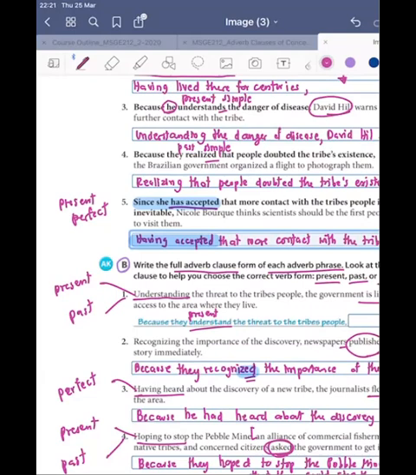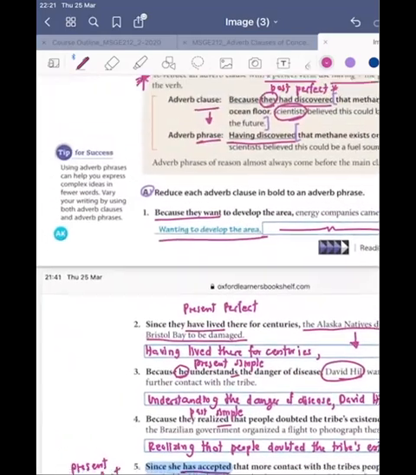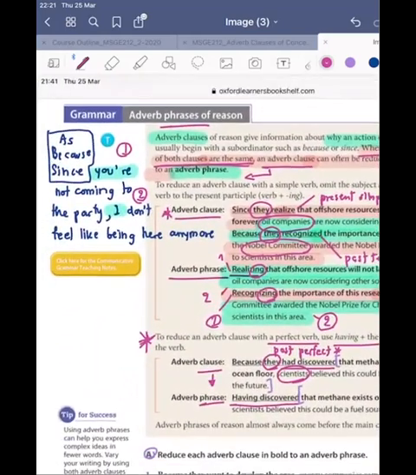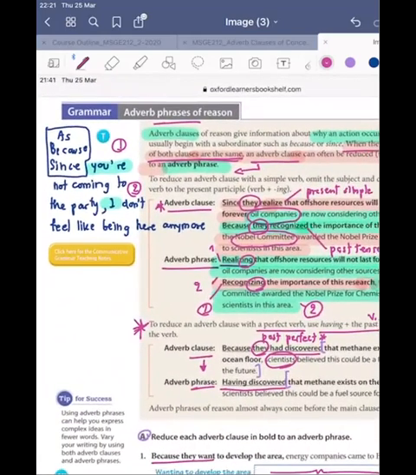These are just the main information that you need to know. I hope it's clear, and I hope this example is clear too. As you can see, if you have different subjects, then you cannot change the structure of your sentence at all. So that's adverb phrases of reason.